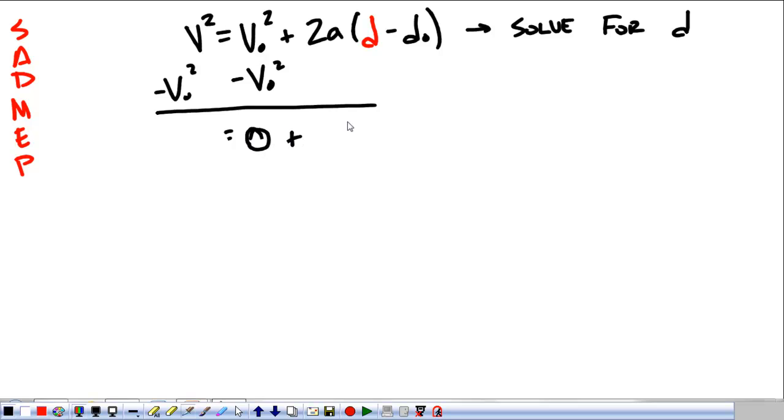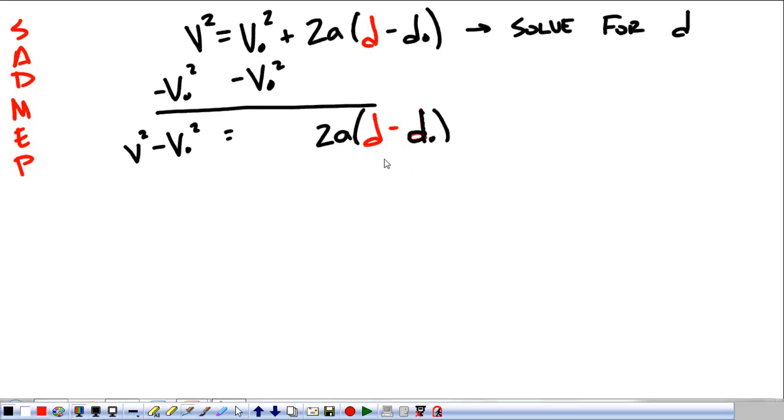I have 0 plus 2a times d minus d0 is equal to v squared minus v0 squared. Nothing cancels out there, so I'm just going to bring it back down. I don't need this 0 anymore, so we're going to pretend it's not there. So now I have v squared minus v0 squared equals 2a times d minus d0.